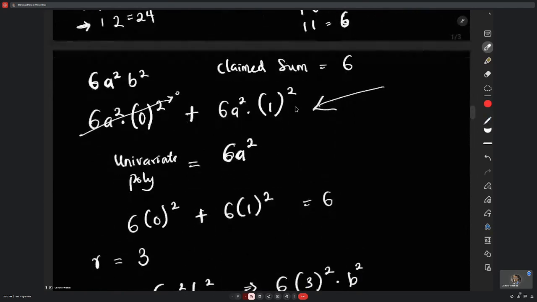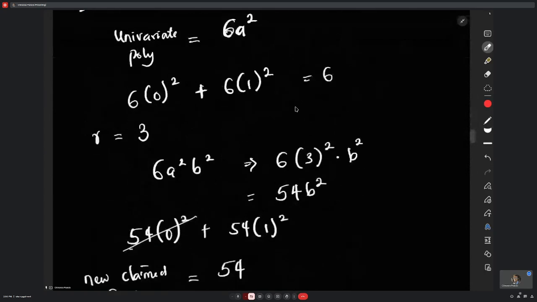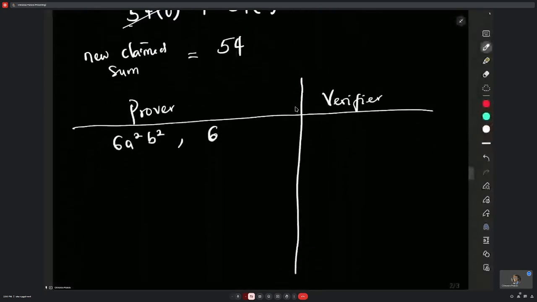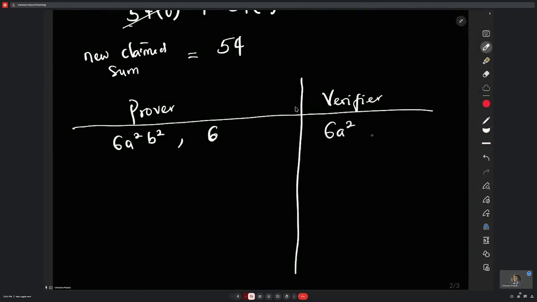So it sends 6a square and 6 to the verifier.